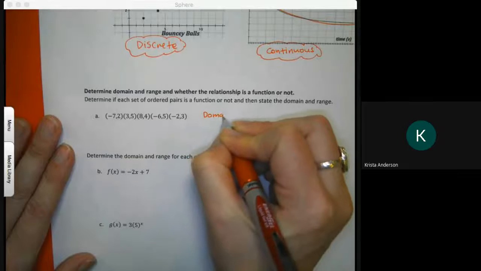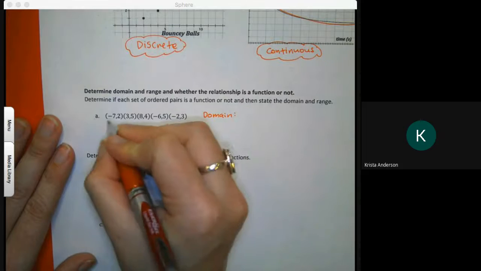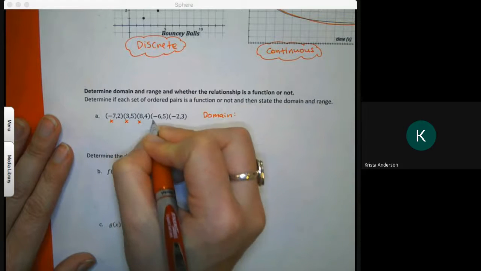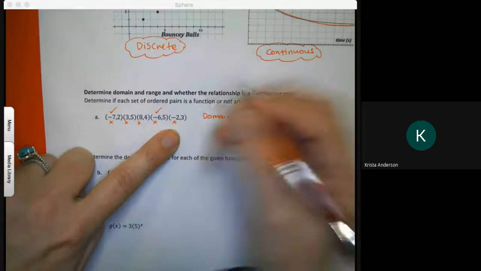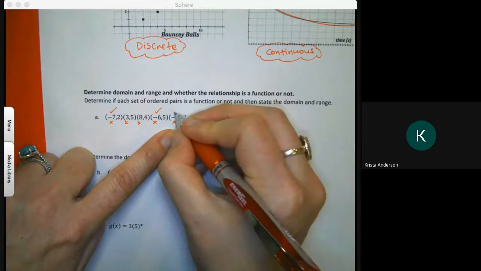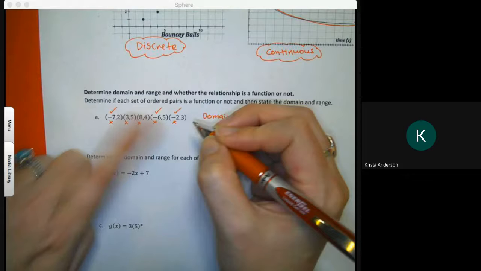Determine the domain and range and whether the relationship is a function. For this, my domain are x values. So I'm going to get my x's and write them in order. So I'm just going to say negative 7, and it would be negative 6, then negative 2, I'm just writing them in order, then 3, and 8.